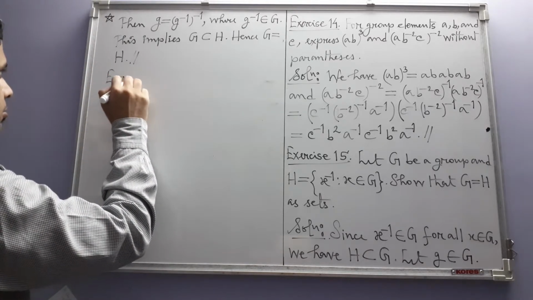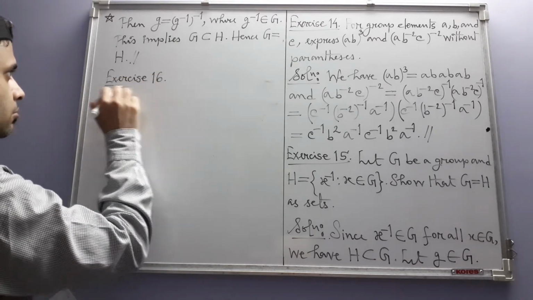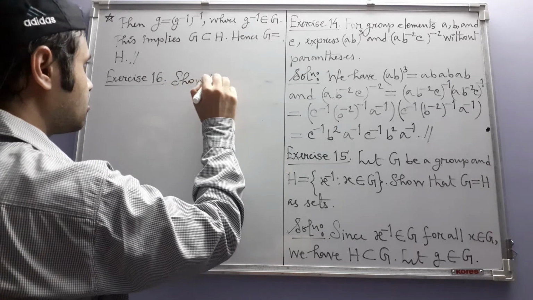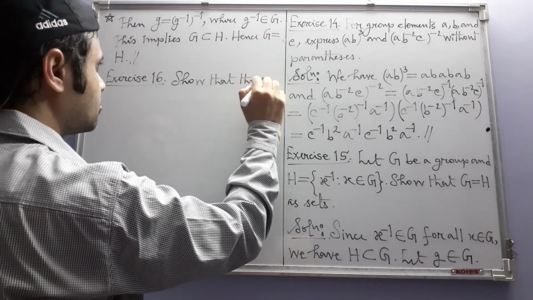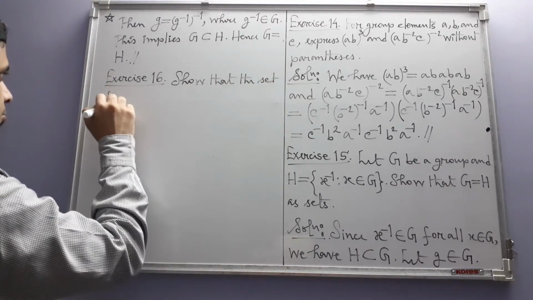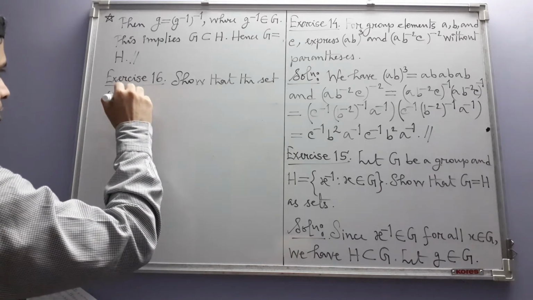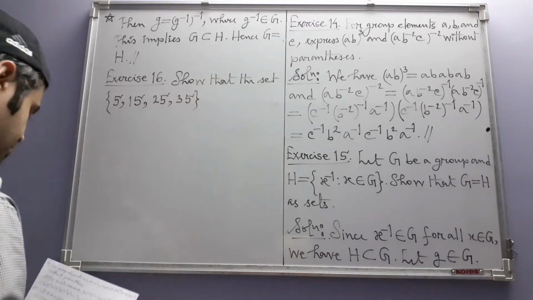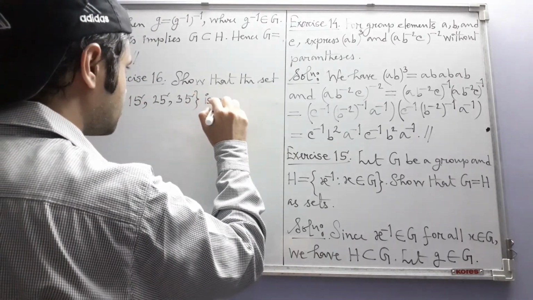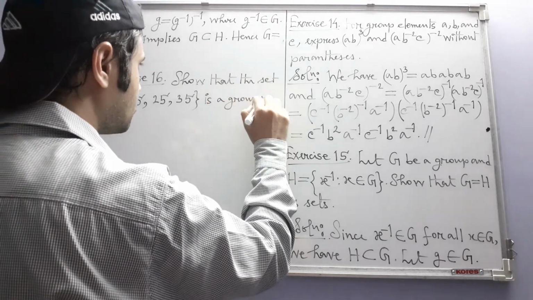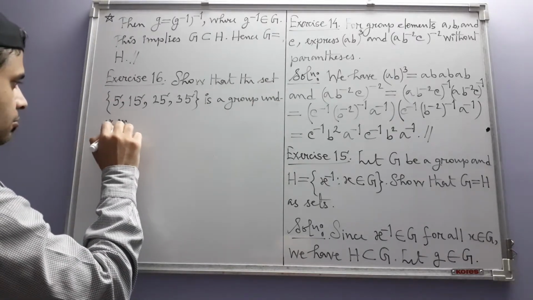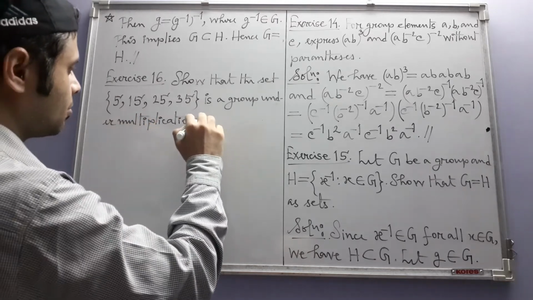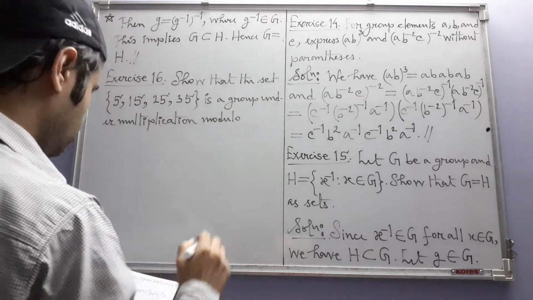Exercise 16. Show that the set 5, 15, 25, 35 is a group under multiplication modulo 40.